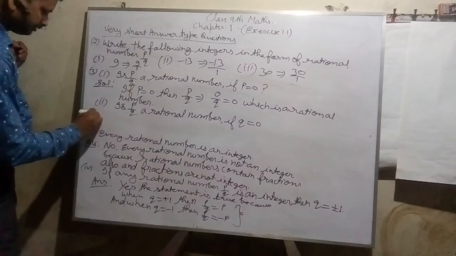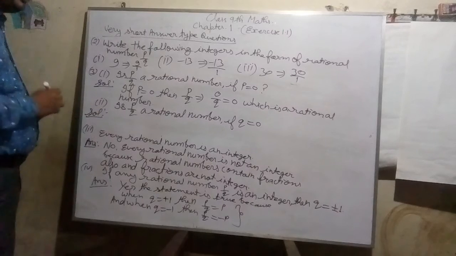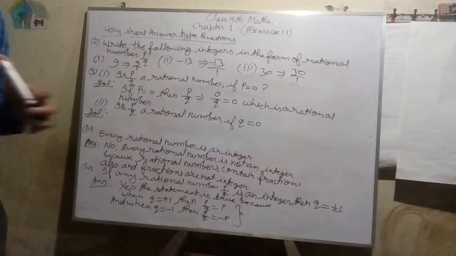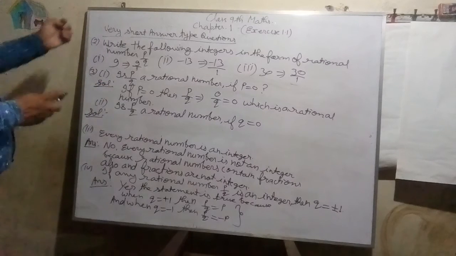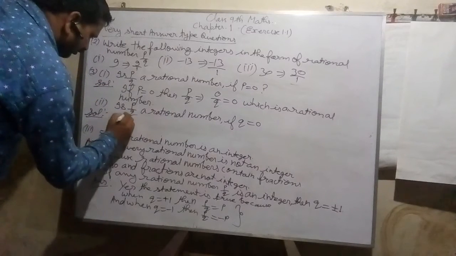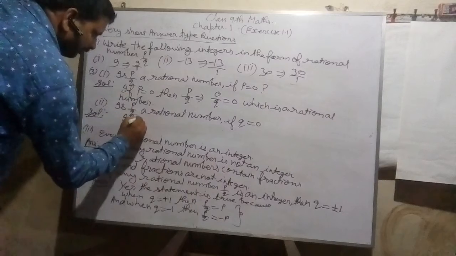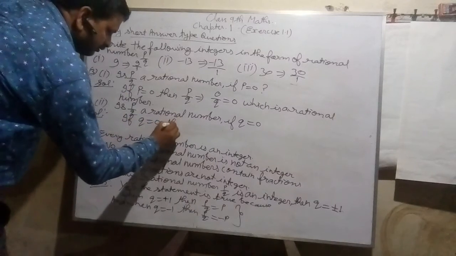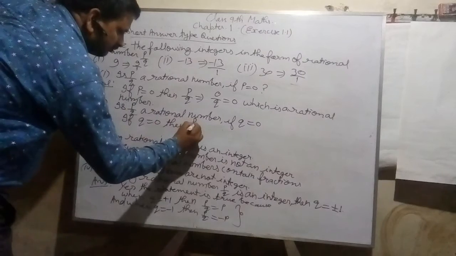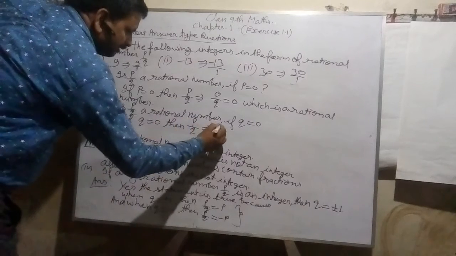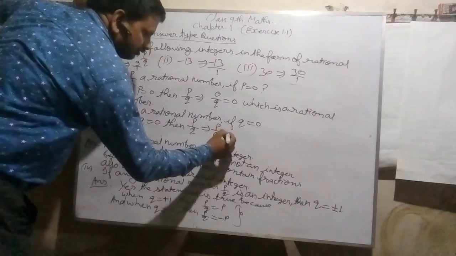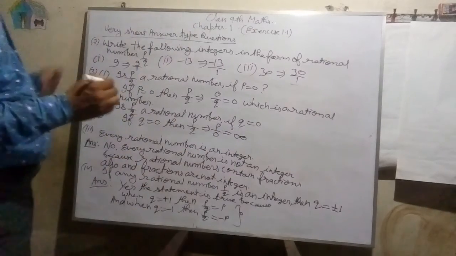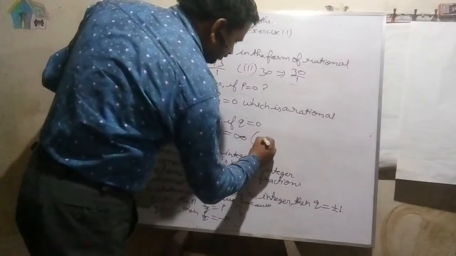Solution: if q equal to 0, then p by q is an undefined value. p by q represents p by 0, which is infinity, meaning an undefined value.